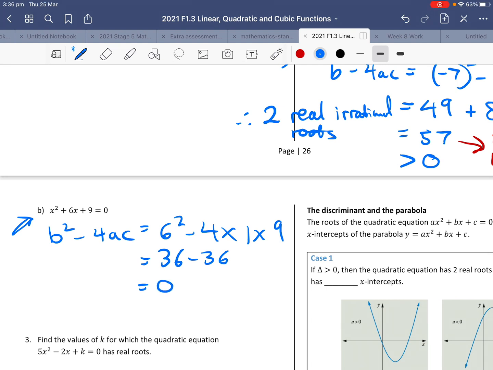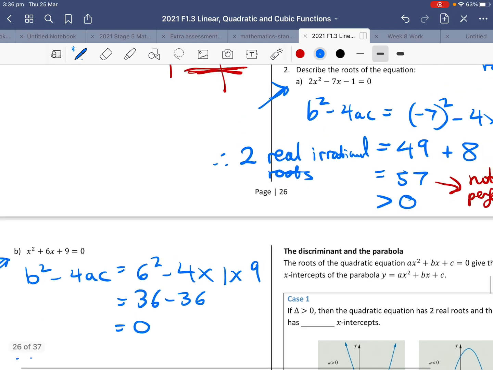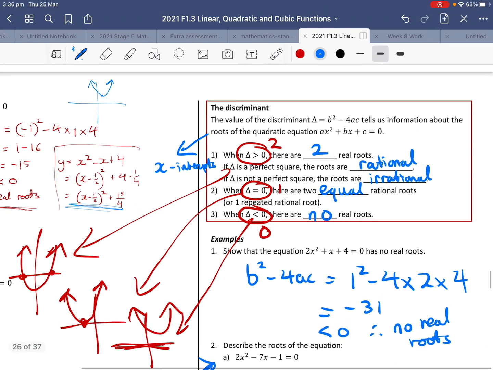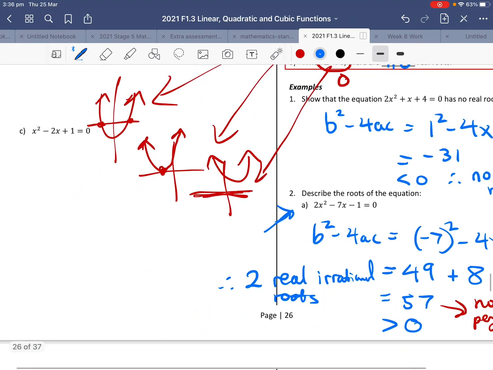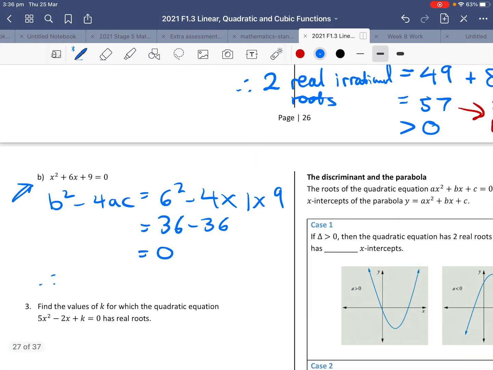And so, because the discriminant is equal to 0, therefore there's going to be 1 repeated rational root.